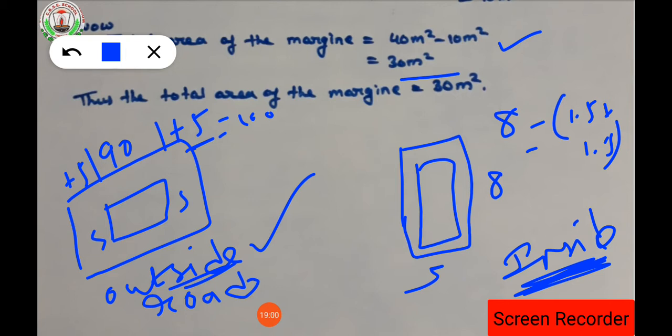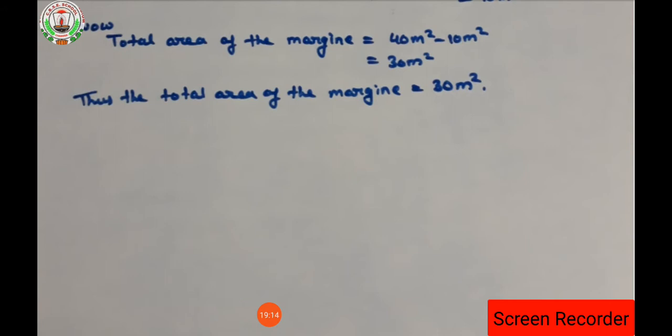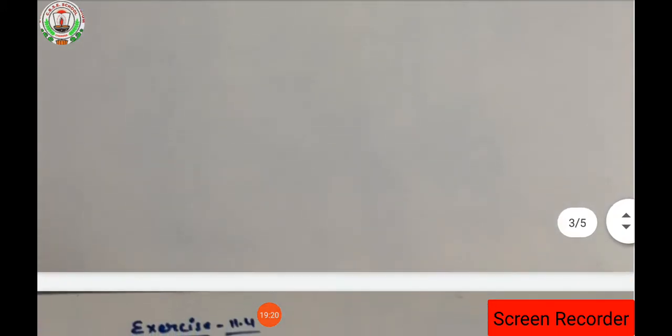The difference is in the new length: when we are finding the new length of the picture, we have to subtract, and there we have to add. So is it clear to everyone why it is so? Thus the total area of the margin is 30 meter square.